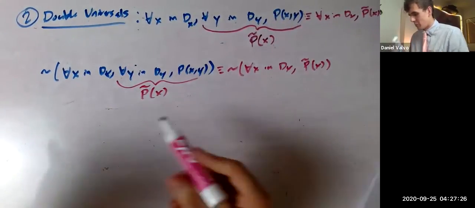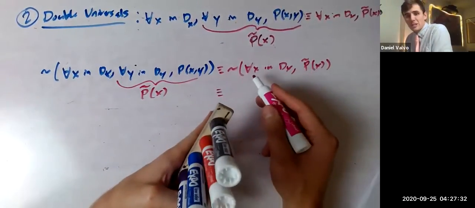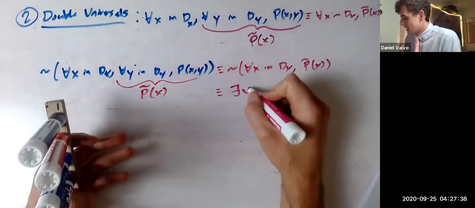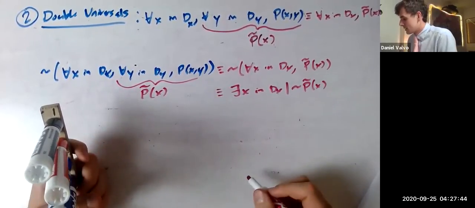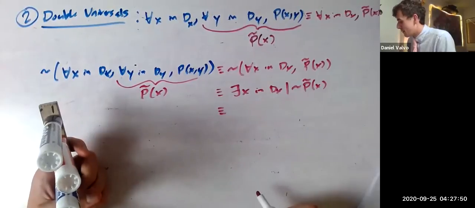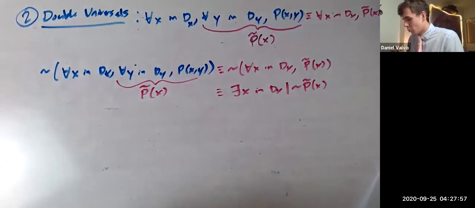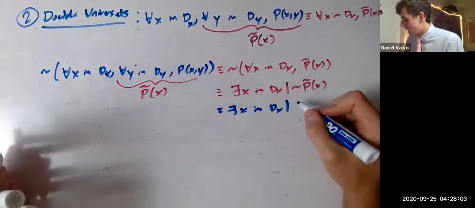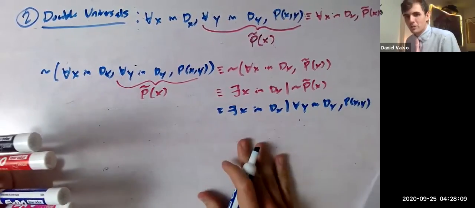I really regret using the squiggly now, but we've done it for two classes, so we've got to keep it. We know how to negate a universal: the opposite of it happening for all x is that there must exist an x where it doesn't happen. That means there exists an x in D_x such that P squiggly does not hold, and we know what P squiggly is: for all y in D_y, P of x, y.